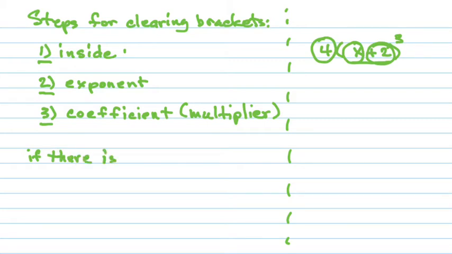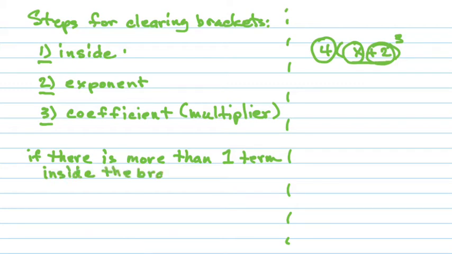If there is more than one term inside the bracket, you need to know how to tell when one term stops and the next one begins. It's everywhere you see a plus or a minus, because the sign is always the start of a new term.